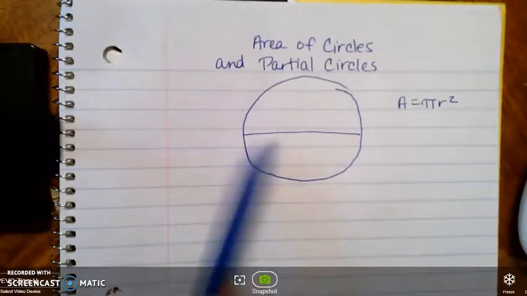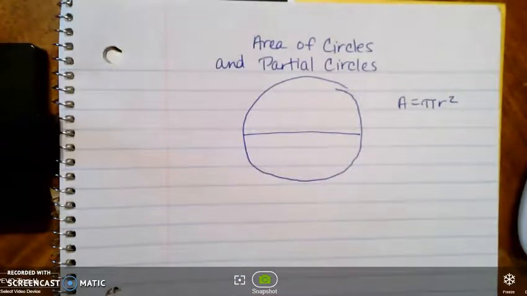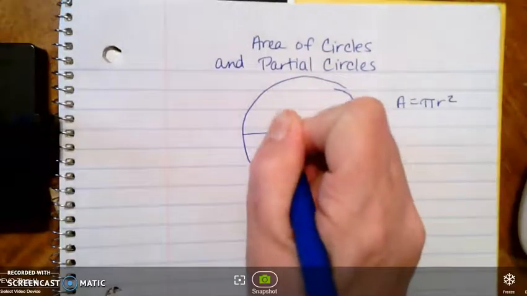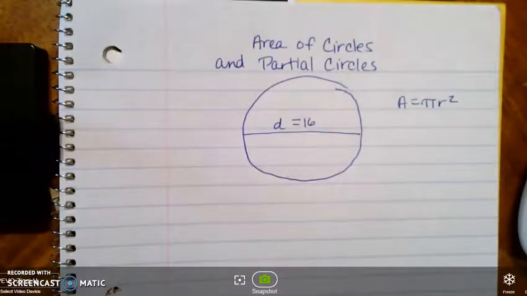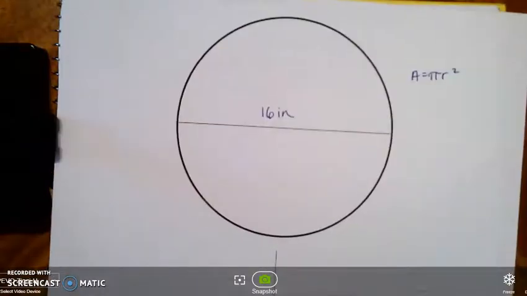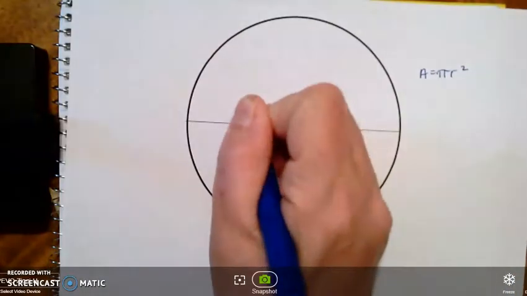Remember, before you can do area of circles, you have to make sure you know what this is. What do we call that length? It's the diameter, right? In this case, we're going to use a diameter of 16. I'm going to use a different paper, but it's going to show the same information. Hopefully you said, again, this is the diameter.